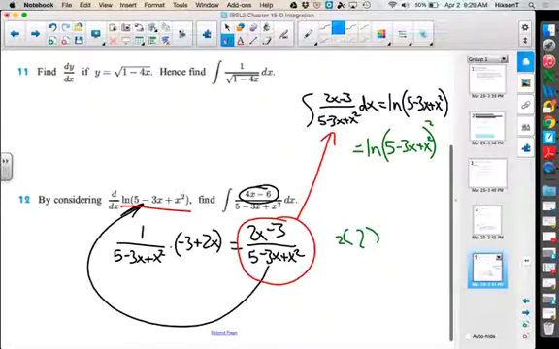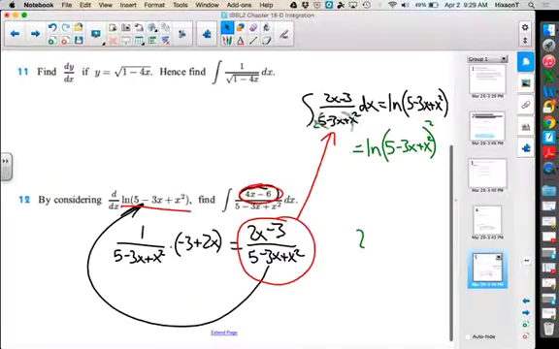But that's not the integral we were trying to find. We were trying to find the integral of when it had a 4x minus 6 in the numerator, not a 2x minus 3, okay?